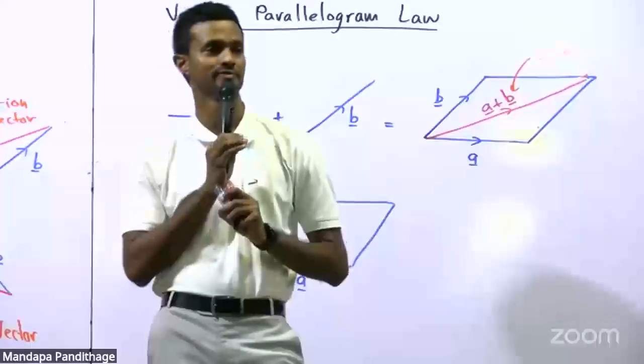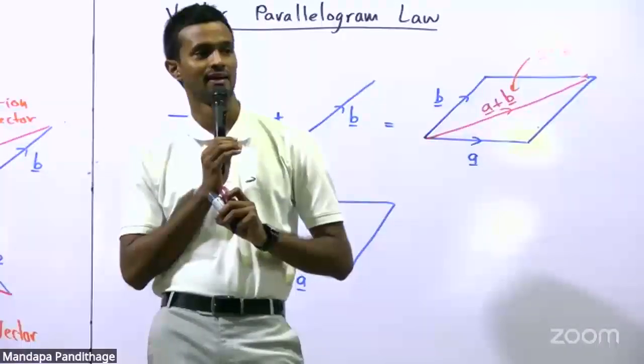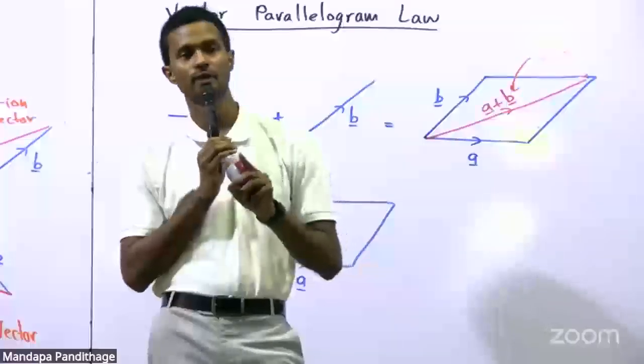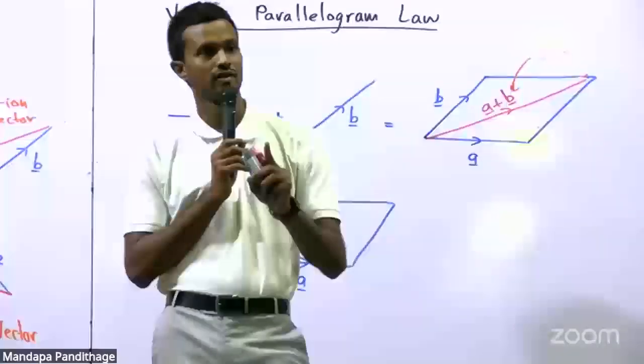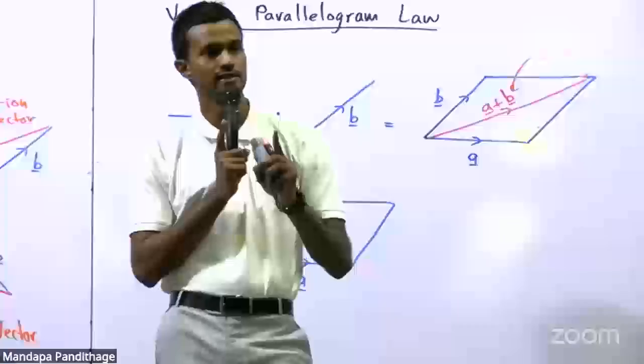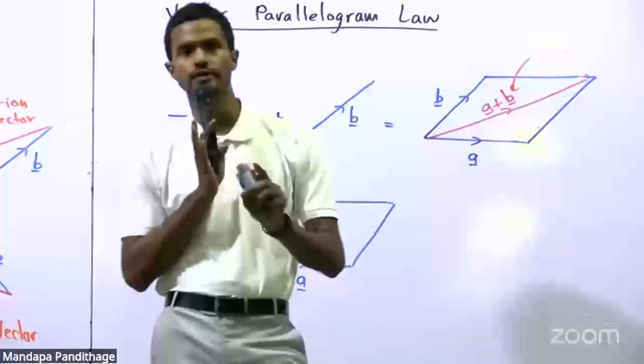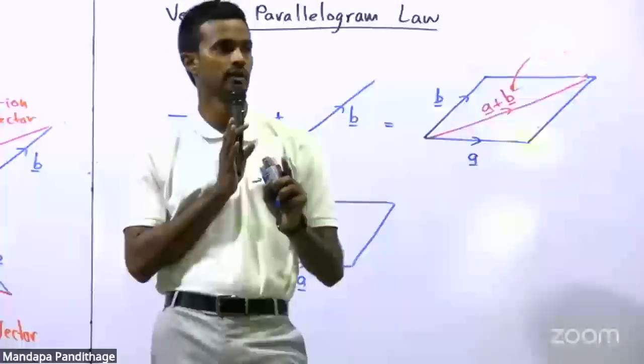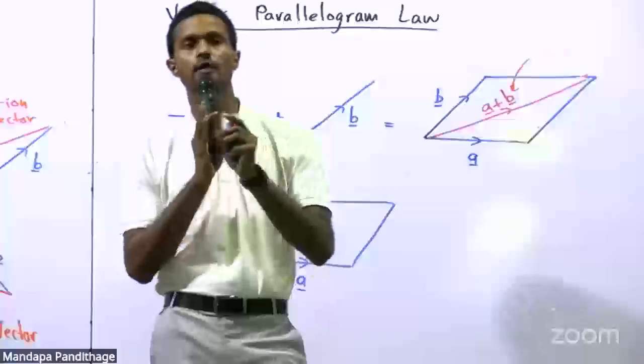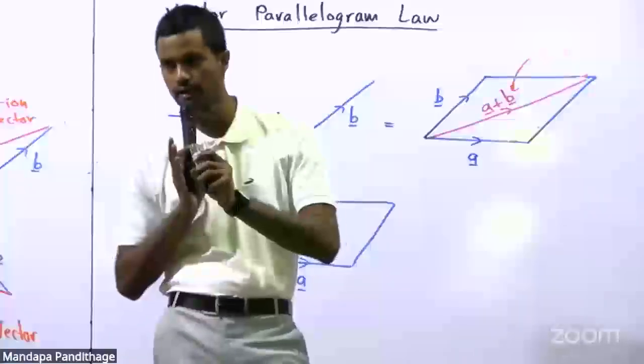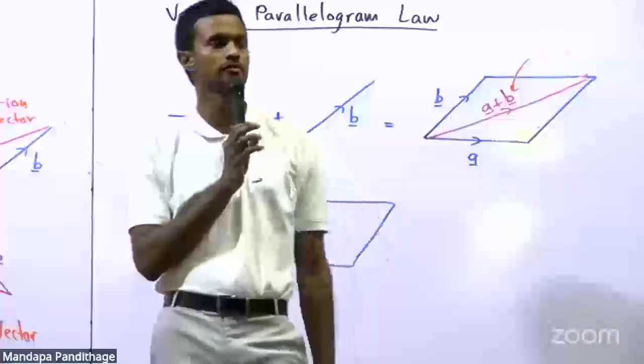It's wrong. The definition of a parallelogram is that the opposite sides are parallel. That's all. A quadrilateral where the opposite sides are parallel is the definition of a parallelogram.